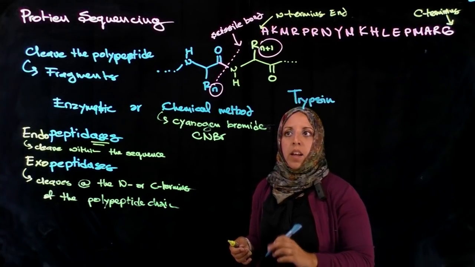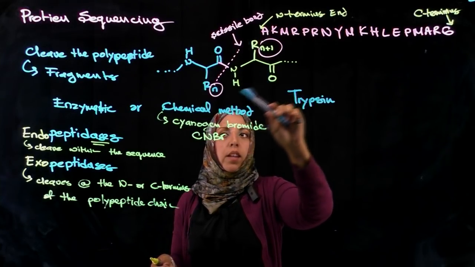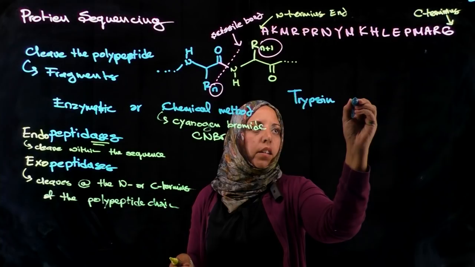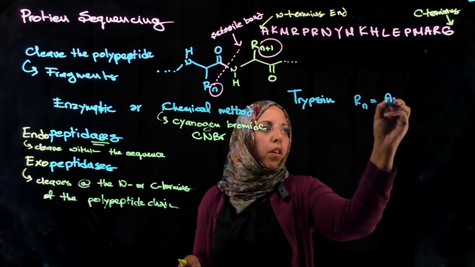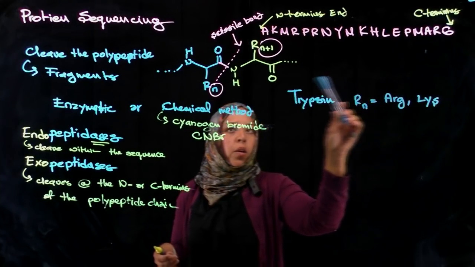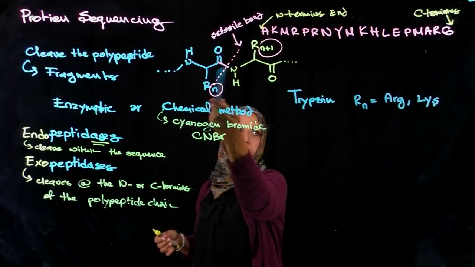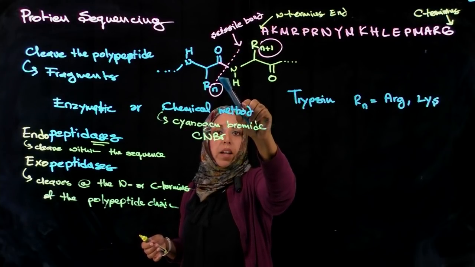Trypsin is an example of an endopeptidase that cleaves a specific peptide bond within a given polypeptide chain. It recognizes positively charged side chains, where N, or Rn, is equal to either arginine or lysine. So when the first amino acid within the sequence where the peptide bond is to be cleaved is either arginine or lysine, it would cleave that peptide bond.